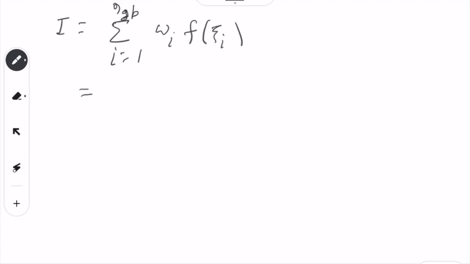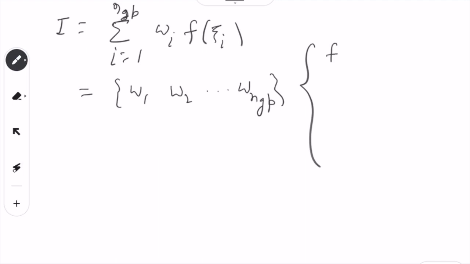You can also write this as something like W1, W2, till W n GP, and then we will have the values of f: f(xi 1), f(xi 2), and so on till f(xi n GP).